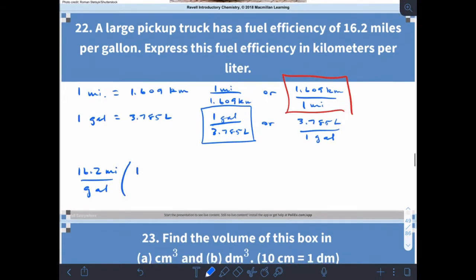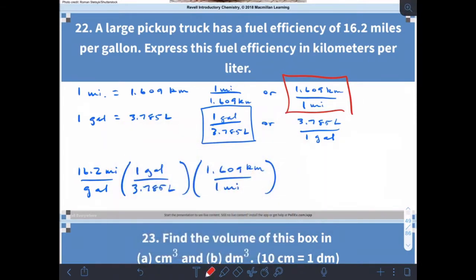I can say 1 gallon is 3.785 liters, and then I can do a second conversion right away, 1.609 kilometers per mile.